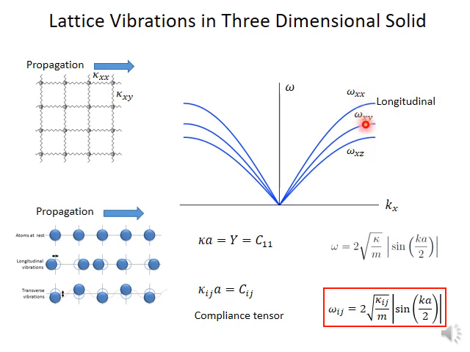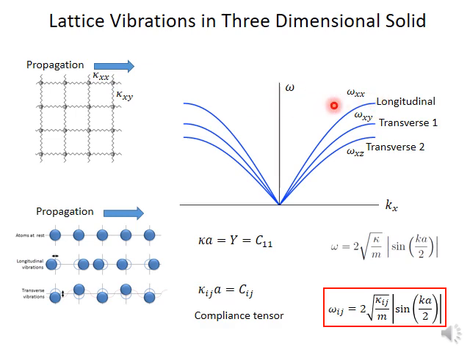That would be your longitudinal component. Omega xy represents those modes for which the lattice vibrational wave propagates along the x-axis, but the atomic lattice itself displaces along the y-axis. That's one transverse component. The other transverse component has propagation along x and displacement along z.